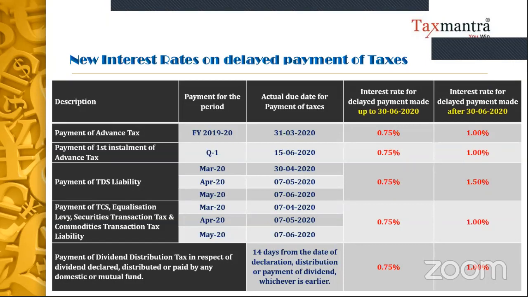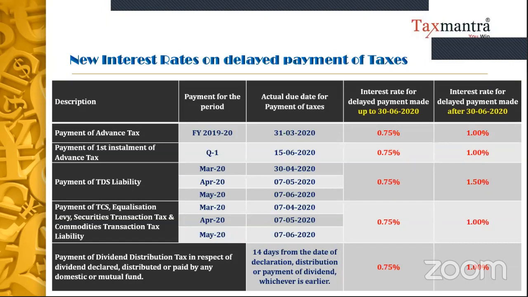If any TDS payment is not made within the due date, but before 30th of June, the interest rate would be 0.75% instead of 1.5%. If those payments are made after 30th of June 2020, then the interest rate will be 1.5%.